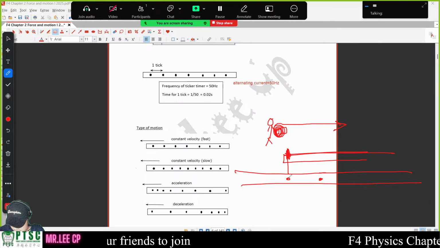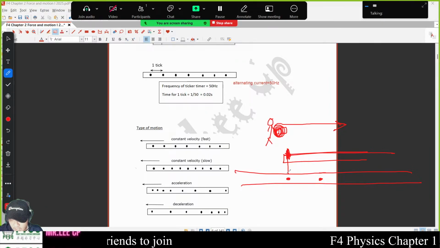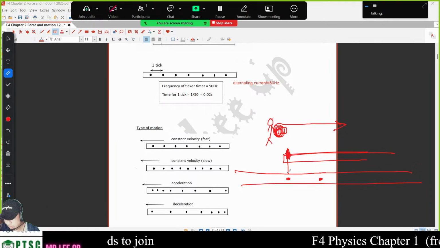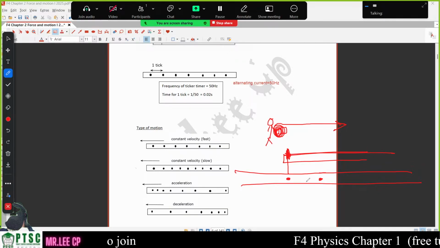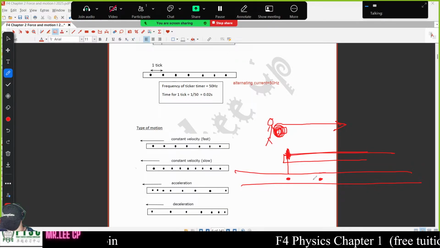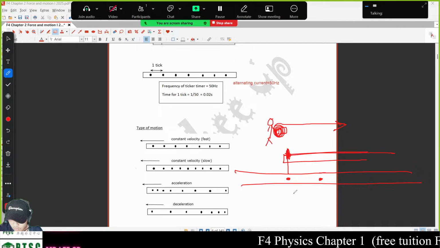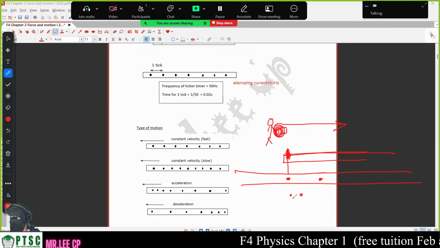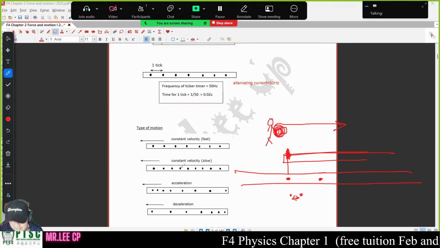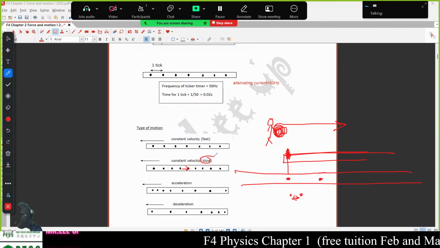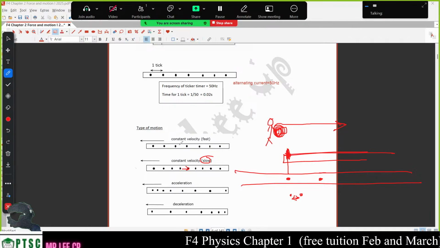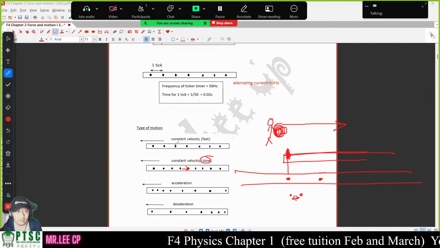It is here. After 0.02, you keep on pulling, so I keep on ticking, and I will get this. If you are pulling it slow, the distance between two ticks will be near, like this, near, slow. If this one is far, it means you are moving fast. That's all.